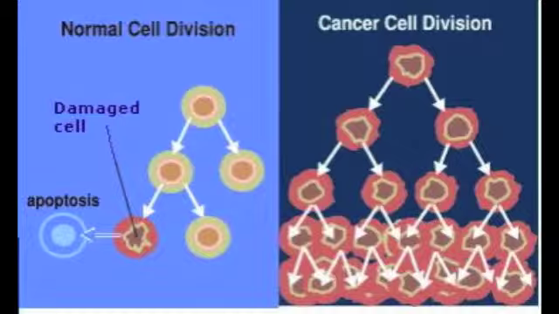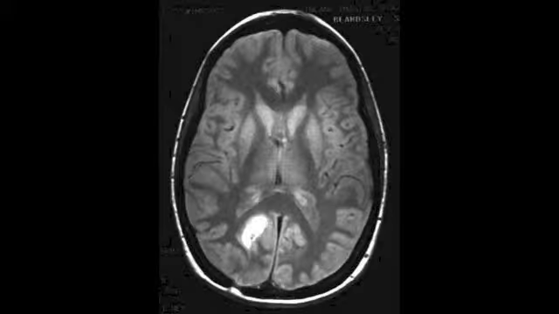Next, we're going to take a look at an image of a live person. It's called an MRI, and it uses magnets to see inside of a living person, inside the brain. You can see the normal part of the brain that's gray, and then the tumor, the cancer cells, are white. And a tumor happens when those cancer cells keep growing and growing and growing, and they start to push on the other parts of the brain.